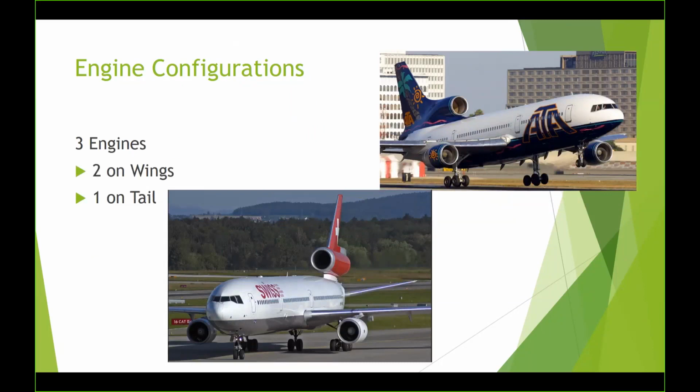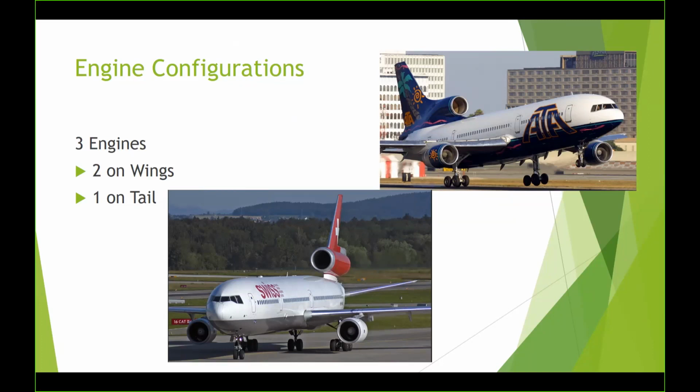The top right, the ATA Air Italia plane, is an L1011. It's an older plane. You don't see very many. But this has an S duct with the third engine in the tail itself, with the air being ducted down an S curve to that engine that's down in the base of the tail rather than up higher.